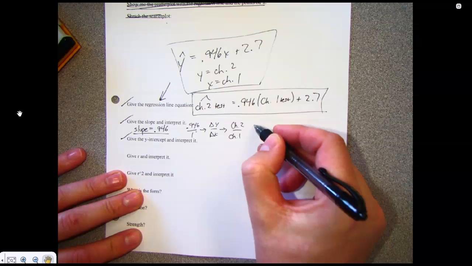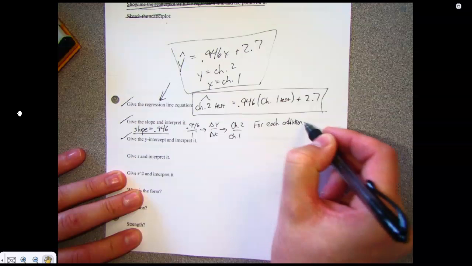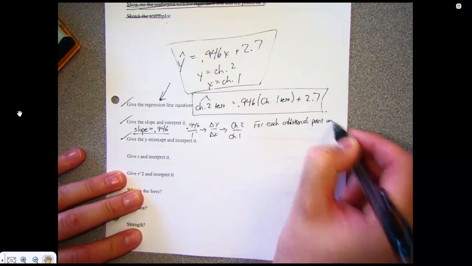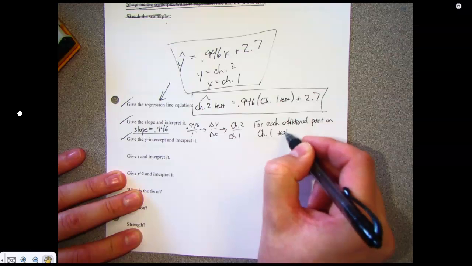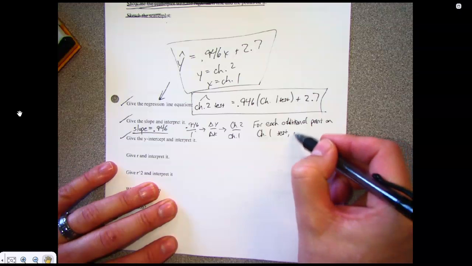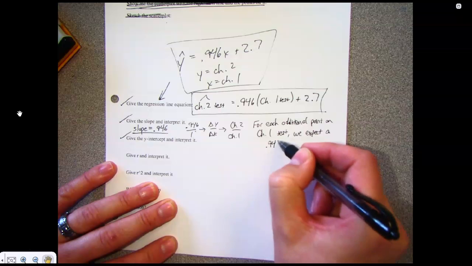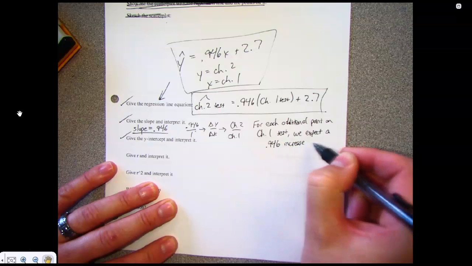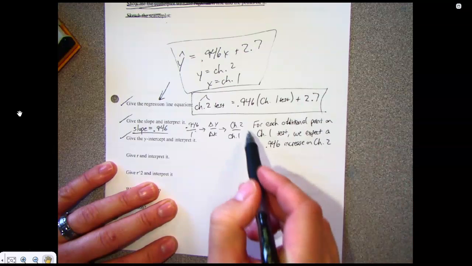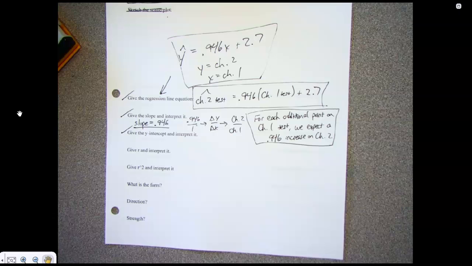And then I'd say for each additional point on chapter 1 test, we expect, or you could say we predict, a 0.946 increase on chapter 2. Questions on that?